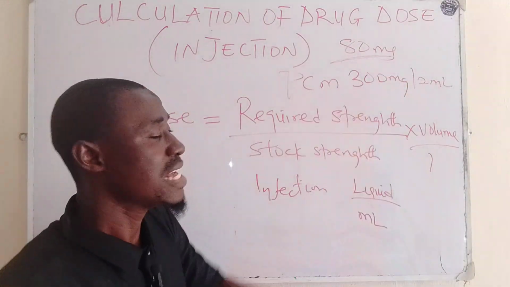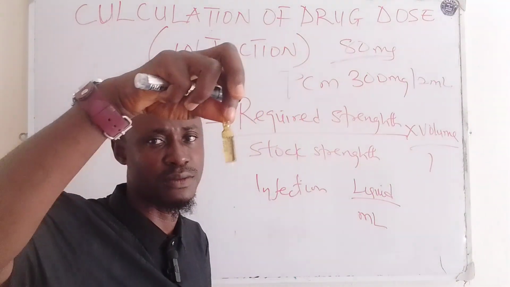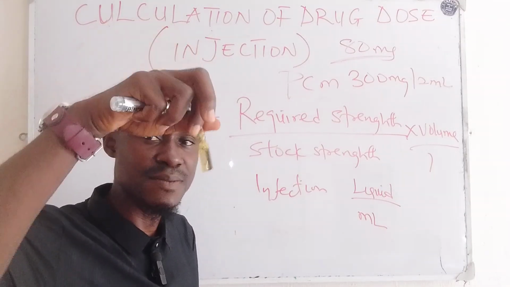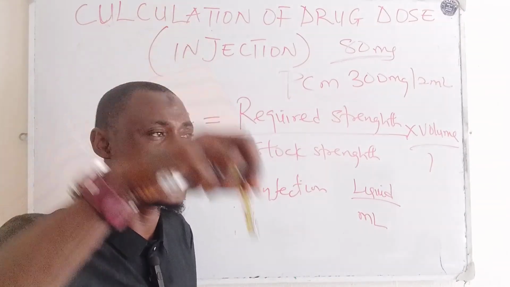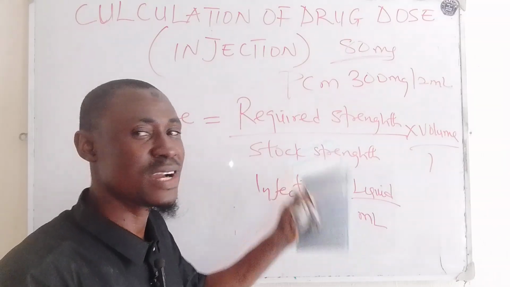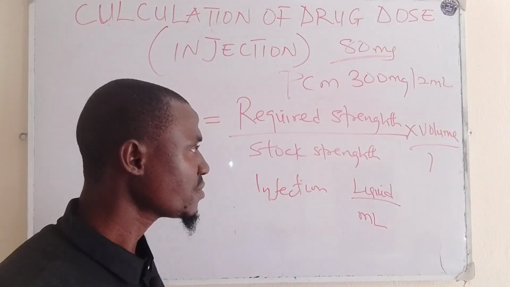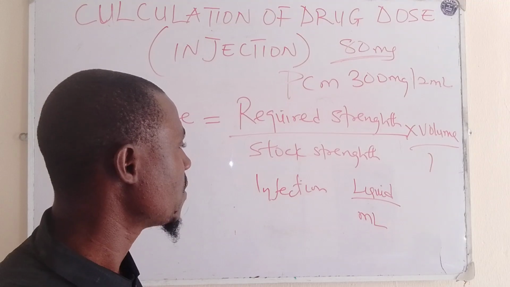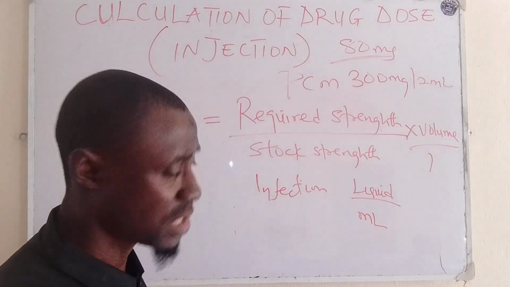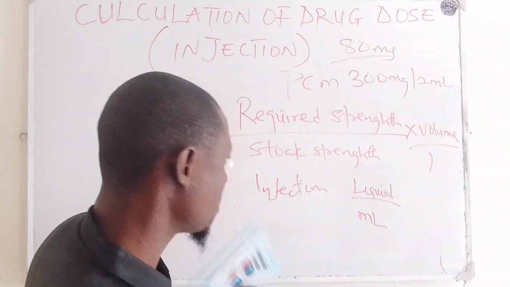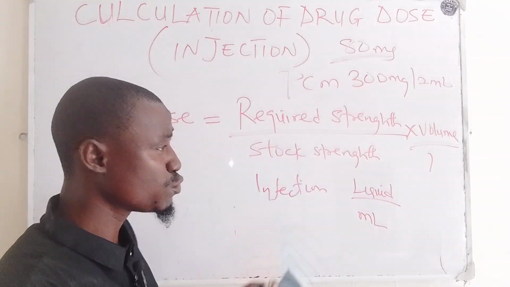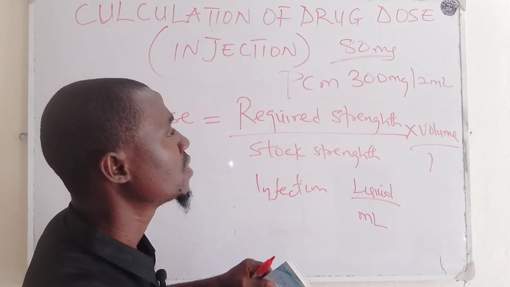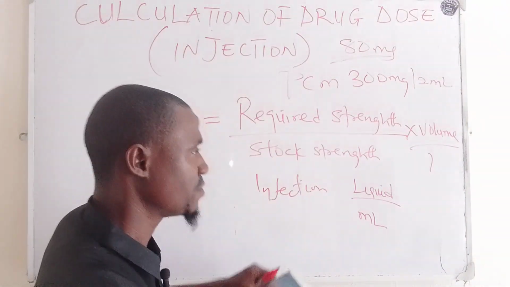If I give you this ampoule now, you can't bring out 80 milligram, except you get the equivalent in mil before you administer. I believe I've explained it in a better way that you are going to understand. So this is the first step. And I said we have two steps if you want to use this formula. The first step involves just one step, just this formula.